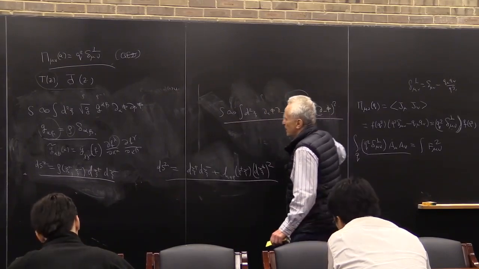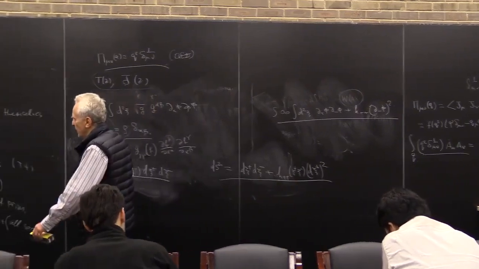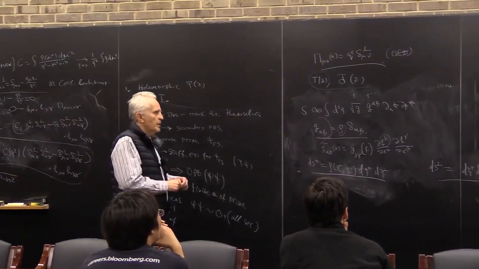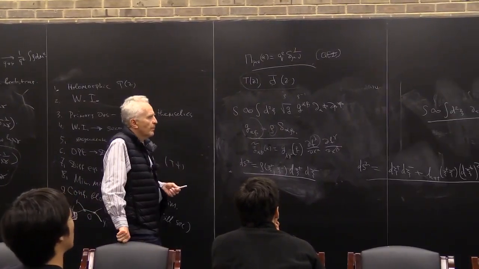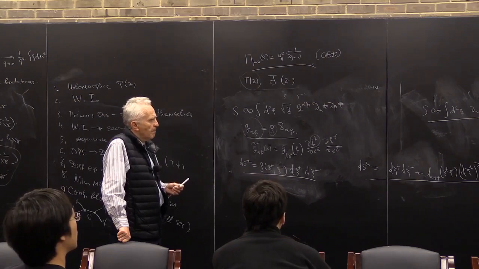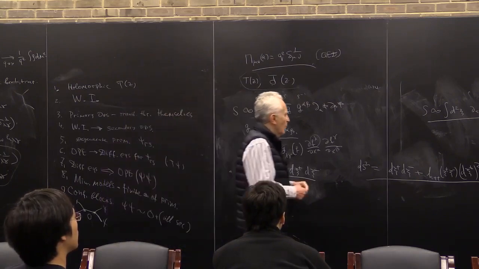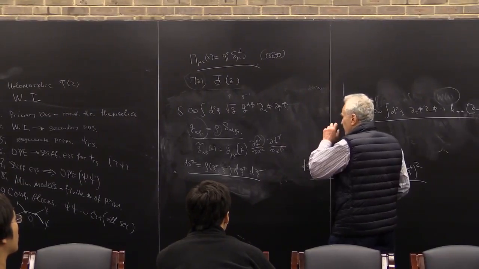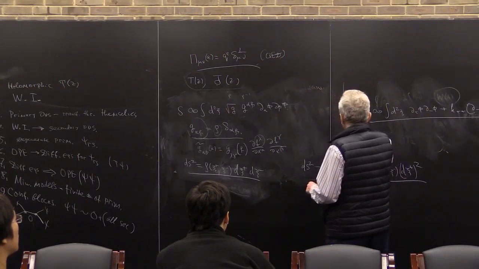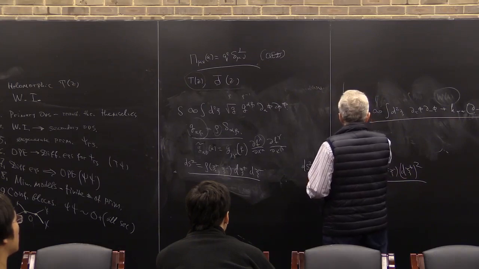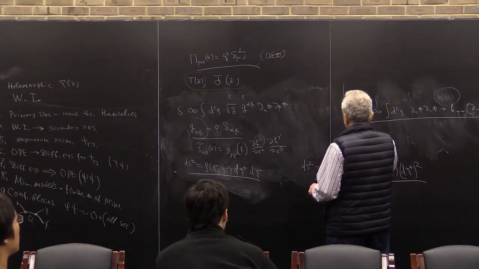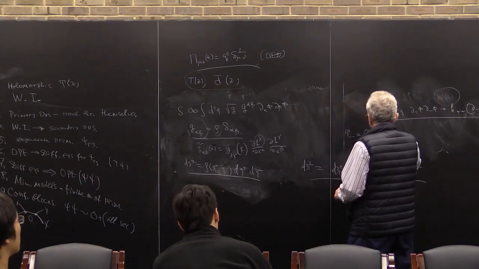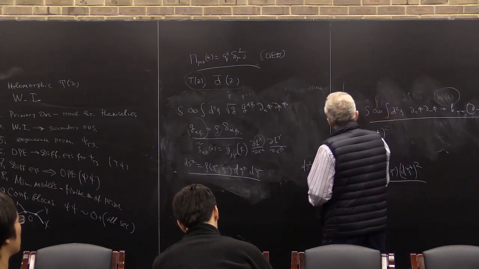What is the physical meaning of this operator, d minus phi square, which couples to h plus plus? What would you expect? It's the energy momentum tensor. So we have the energy momentum tensor for the massless scalar field, which is just d minus phi square. Maybe 1/2 here.